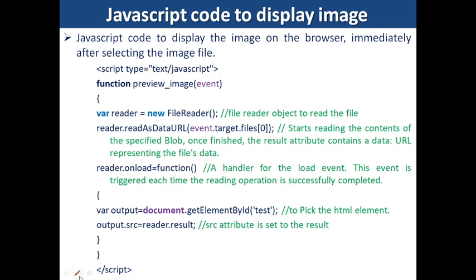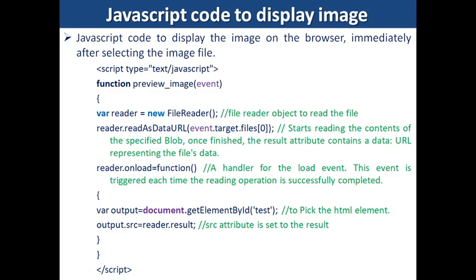And after calling the function, it will find an element, document.getElementById test. And this ID, I'm just going to make it an img tag. And then I will set the src of this img tag to the result of this reader object. Then it should get displayed.